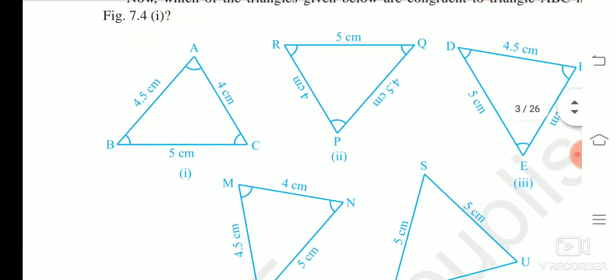Now the triangle ABC is given with length AB 4.5, BC 5 centimeters, CA 4 centimeters. What are we going to introduce here?